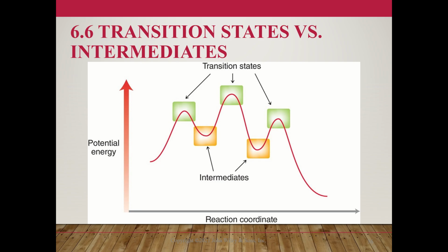Transition states cannot be observed because the second that you have enough energy to reach that point, there's already enough energy to move forward into the next part of our diagram. However, intermediates actually can be observed physically, because those molecules or substances will be in the intermediate position for a little bit of time until they absorb enough energy to then go to the next part of the diagram.